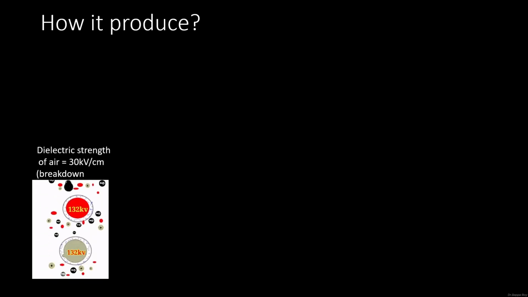So how does it produce? Before knowing that, we need to know some important things, like dielectric strength. The dielectric strength of air is 30 kilovolt per centimeter, or we can call it the breakdown voltage.